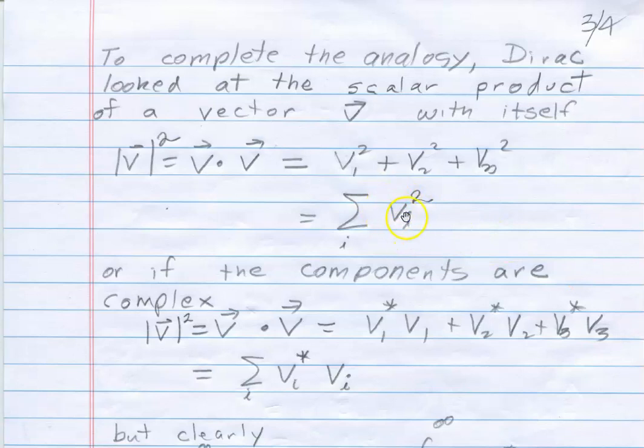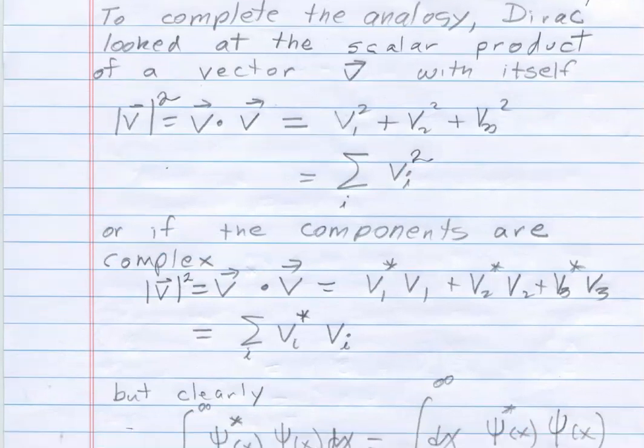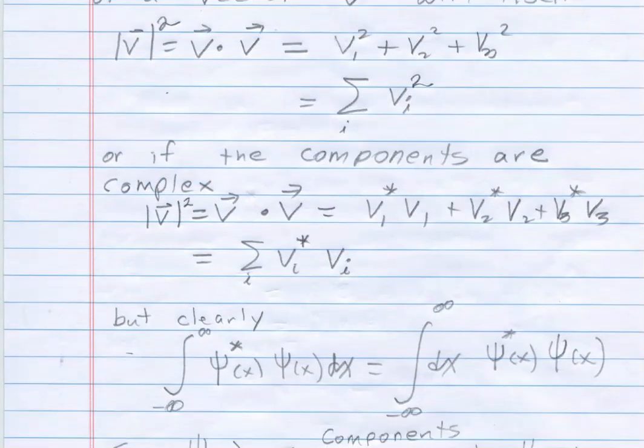Velocity happens to be a real vector, but one could certainly extend it to include imaginary or complex components. Sometimes it's done, particularly in other areas. And the extension of this dot product, or the scalar product, is simply to take the complex conjugate of one of these components up here and multiply it times itself.